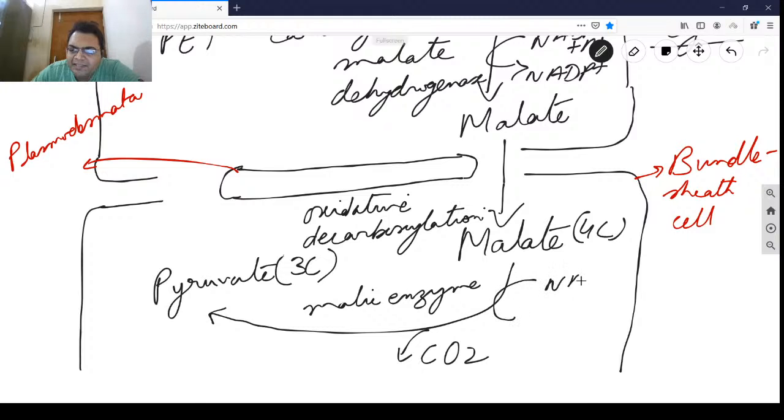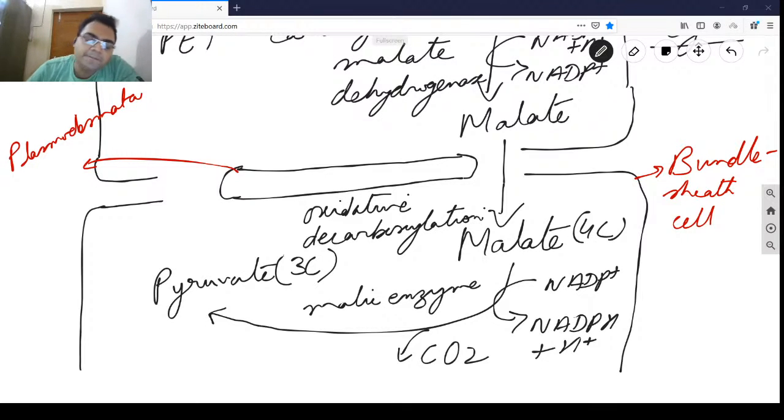Now that NADP plus will be reduced to NADPH plus H plus, right? Since this is an oxidation, you need a simultaneous reduction, because this is a redox reaction. You need to stabilize the lost electrons. This is how you stabilize it and cause the perpetuation of a proper redox cycle. Now pyruvate will be traversing onto the mesophyll cell again.